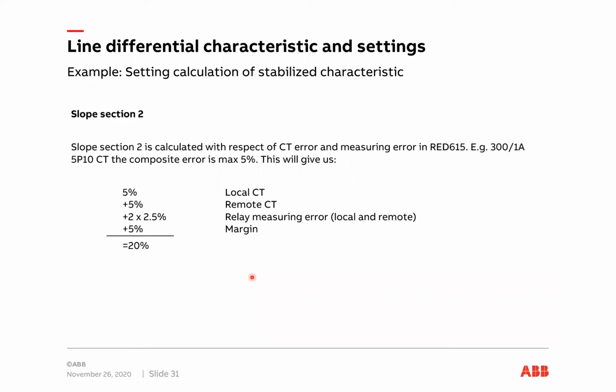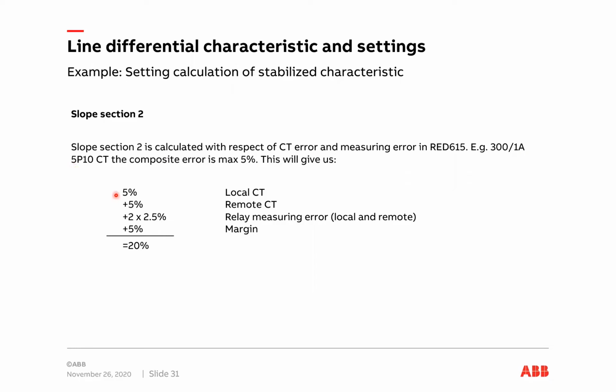For the slope section 2, we first look at what type of CTs we have. Here we have 300 to 1 amp CTs, 5P10. And here we are using the composite error of the CT, which is 5%.